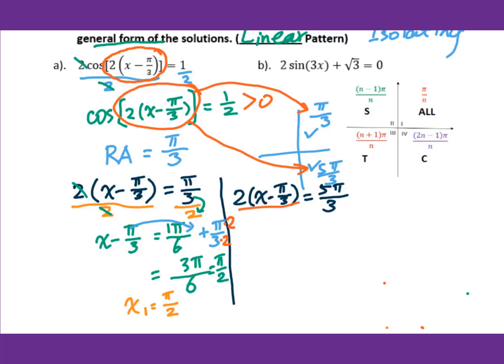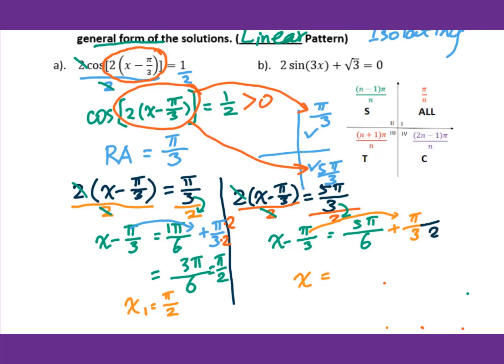For this equation, we divide by 2 on both sides. You will get x minus pi over 3 equals 5 pi over 6. Then add pi over 3 to both sides. X equals, you need to multiply by 2 top and bottom so that we can get the same denominator.